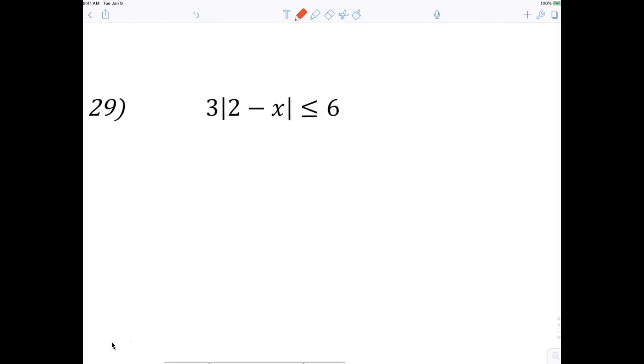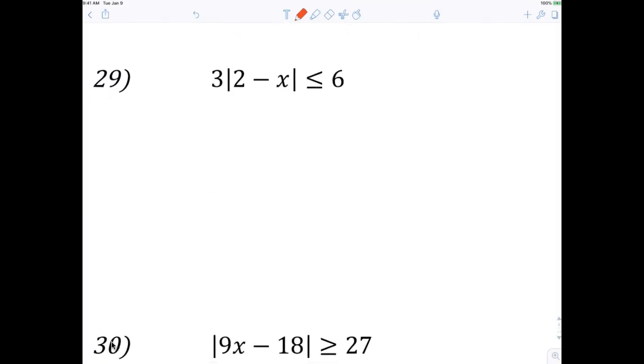All right, here we go again. The next thing the kids forgot is to isolate the absolute value. That means whatever's on the outside of the absolute value, you have to move it away. So what do I have to do first? Subtract 3 or divide by 3, because it's attached with multiplication.